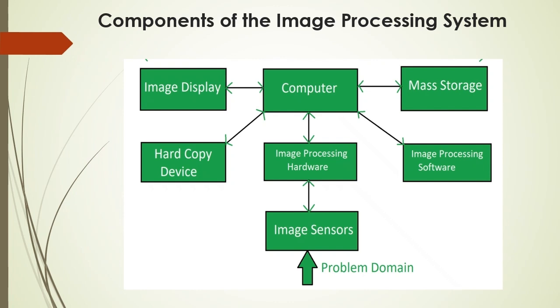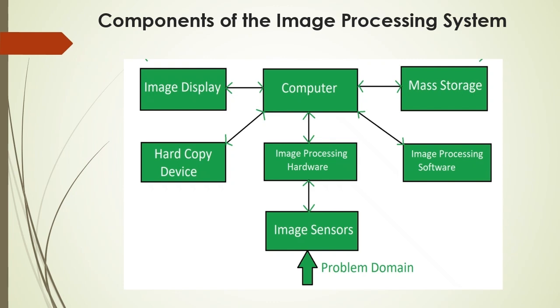Next, the components of an image processing system. The basic components of the image processing system are shown in this diagram: image display and computer, mass storage, hard copy device, image processing hardware, image processing software, and image sensors.